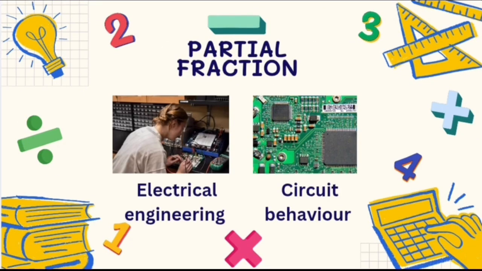Next, we use partial fraction decomposition from the question we solved earlier in a complex system, similar to how an electrical engineer breaks down a complicated signal into its individual components to analyze circuit behavior. Finally, by evaluating these definite integrals, we calculate the total effect of that system over a specific range, just as an economist will calculate total profit or an engineer will measure total energy consumption over time.